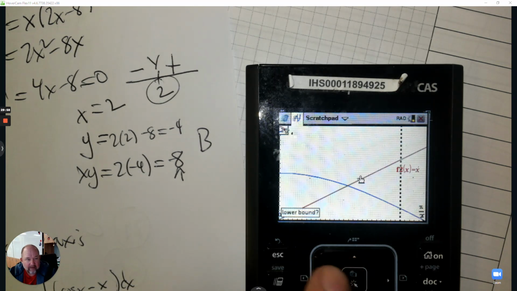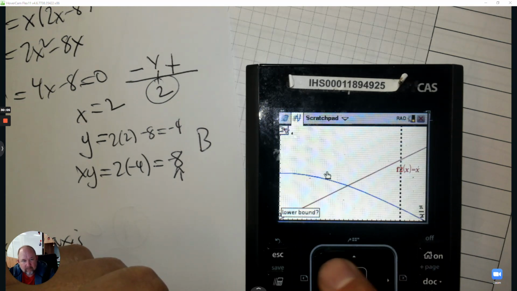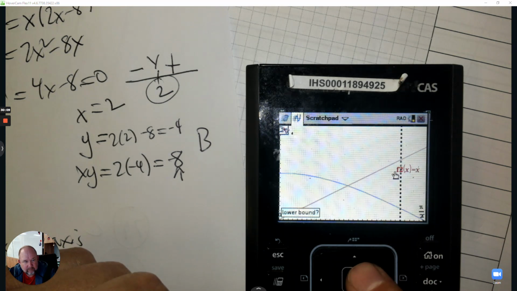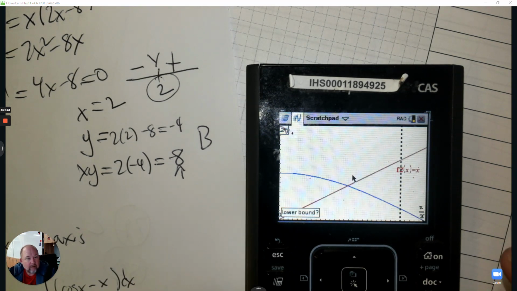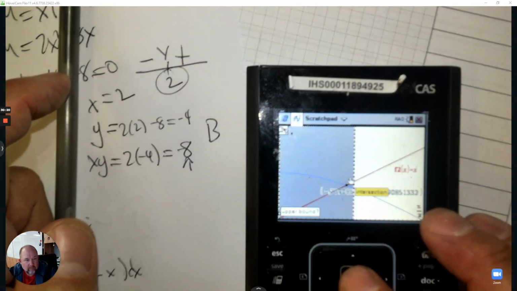So we're going to go to the left of that if it moves. I'm going to press in 0. Right there.